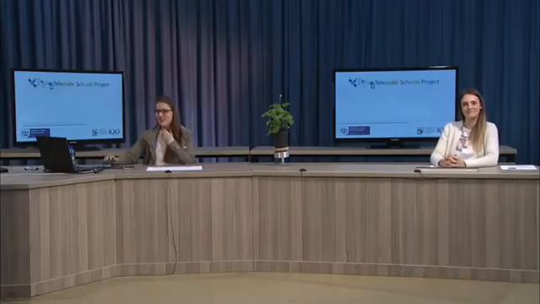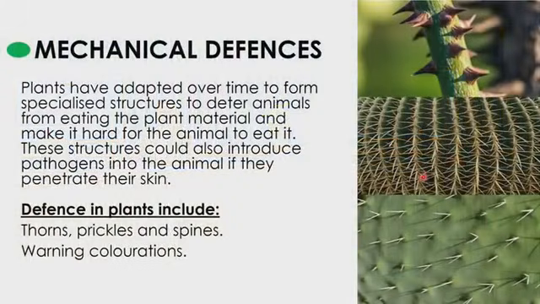Right, then these are our mechanical defenses, and I'm sure that you have all experienced this somewhere along the line. I used to have this little succulent on my table with these really big thorns on it, and people would come up to it and say, oh, this is pretty, pick it up, look at it, and they end up pricking themselves with one of these thorns. Now, that's actually the plant's big aim. It sounds a bit sadistic, but that's its way of ensuring its survival.